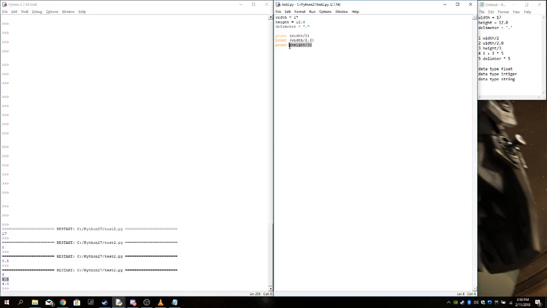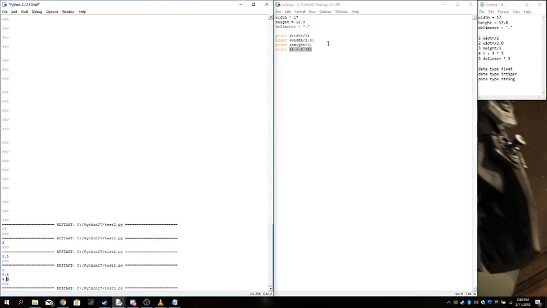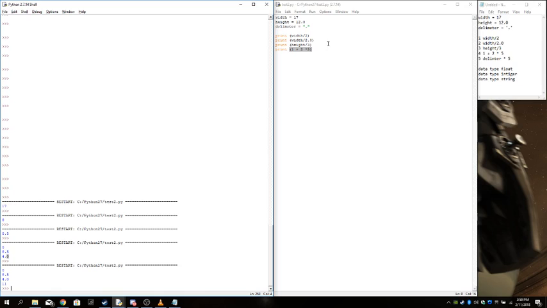Height divided by 3. So height is 12.0. So once again, height is a floating point. So you can see here we get the full 4.0 floating point number. And that's how we know, because it actually gave us the full information. So last one here is going to print 1. Okay, I think that executed right.